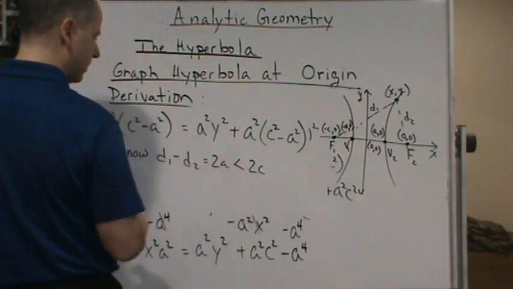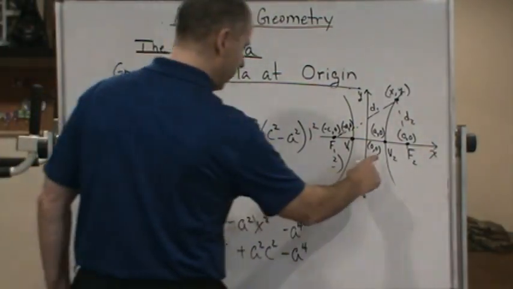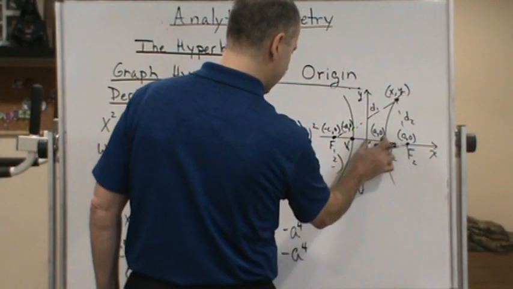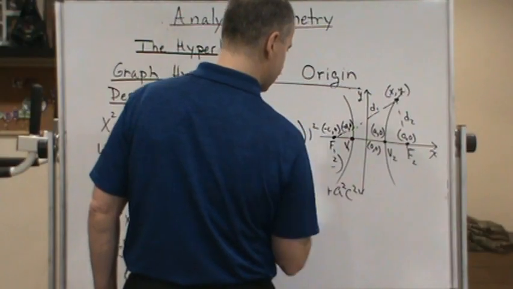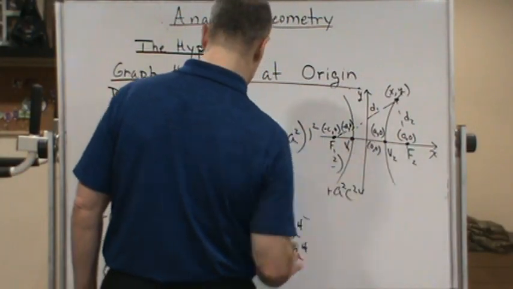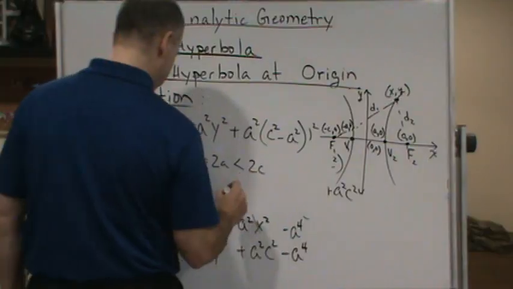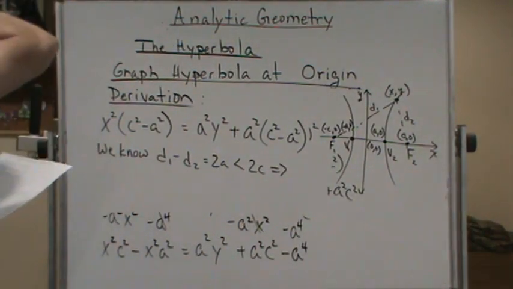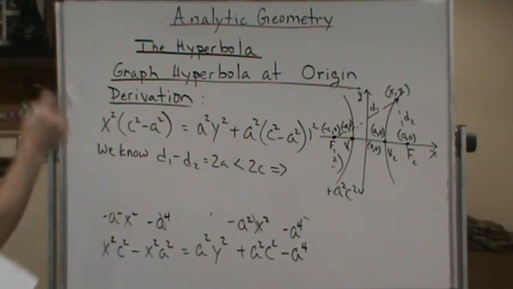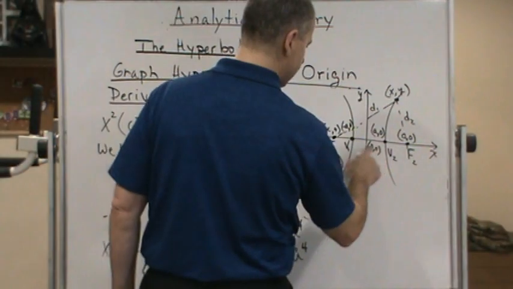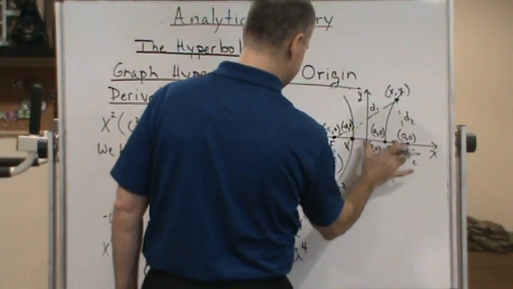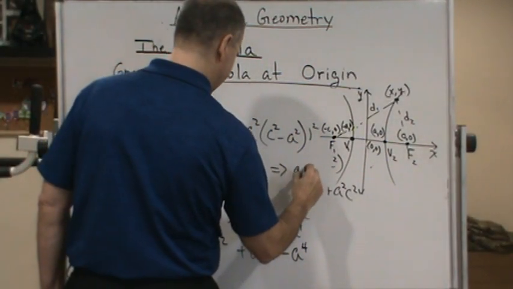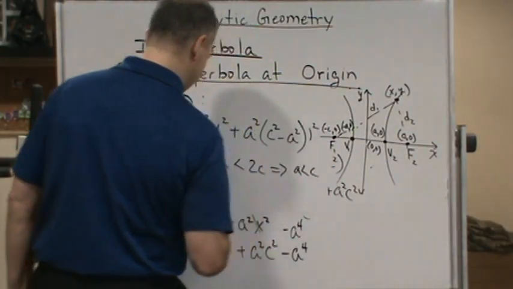We know that because the distance a is less than this distance c, so 2a would be less than 2c. We know that a is less than c, just by the diagram. We know this distance is less than this distance. Okay, so we know that a is less than c.